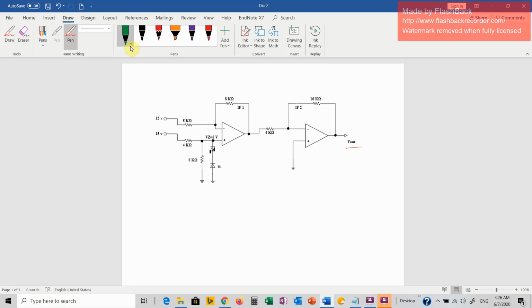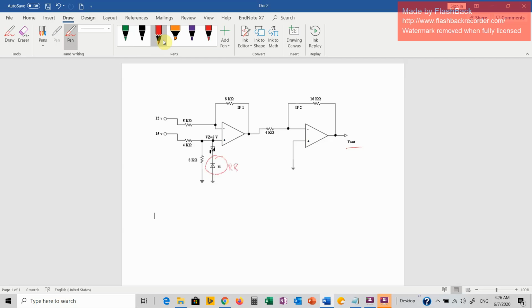If we ignore this Zener diode and apply a voltage divider, maybe it's going to work, but hold on, there's a silicon diode here, and that silicon diode is in reverse bias mode.